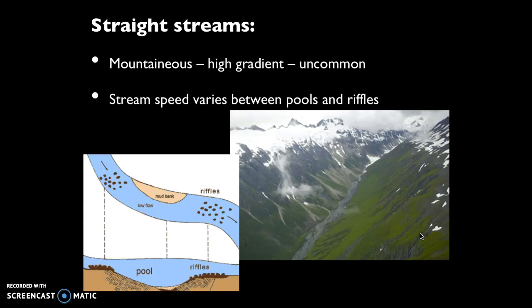If you were to take all the rivers in the world and subdivide them into straight, meandering, and braided, the straight channels would definitely occupy the lowest percentage of streams. But basically, the stream speed, the velocity, is going to vary between pools and riffles within the bed of that channel. So as you're seeing down here, pools are going to be kind of low points where the most amount of water is accumulated, and then riffles are going to be the highest points within that stream.